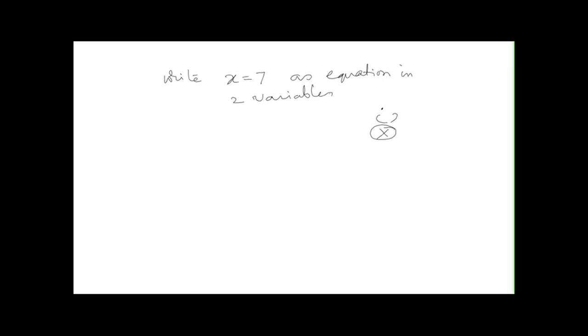So here x equal to 7, so x plus 0y minus 7 equal to 0. Correct? If you write a point there, it is not a decimal point. It is into. Into means multiply.